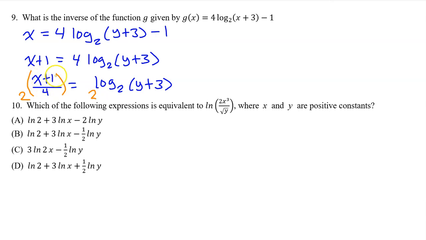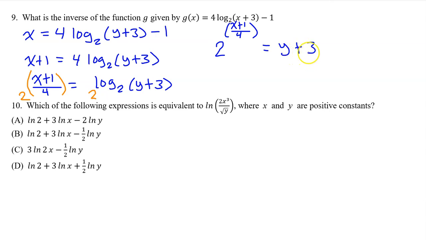That means the x plus 1 over 4 is now the exponent of this 2, and all of this is the exponent of this 2. But the base 2 and the log base 2 cancel each other out. So on the next step, we will have 2 to the x plus 1 over 4, and all of that is the exponent of this 2, is equal to y plus 3.